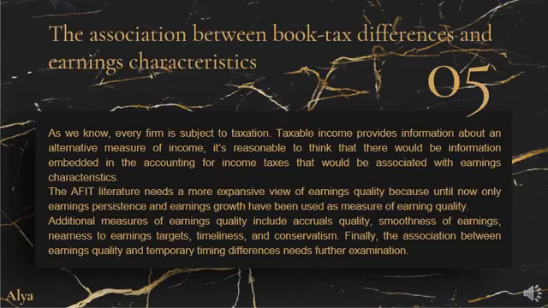The AFIT literature needs a more expansive view of earnings quality because until now only earnings persistence and earnings growth have been used as measures of earnings quality. Additional measures of earnings quality include accruals quality, smoothness of earnings, nearness to earnings targets, timeliness, and conservatism. Finally, the association between earnings quality and temporary timing differences needs further examination.